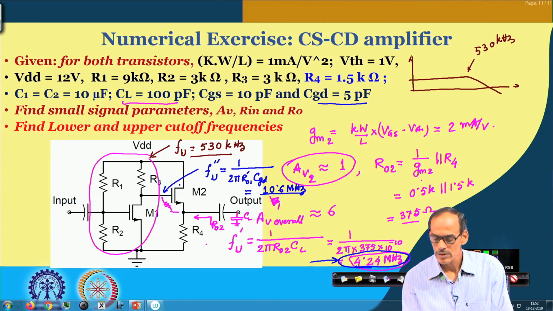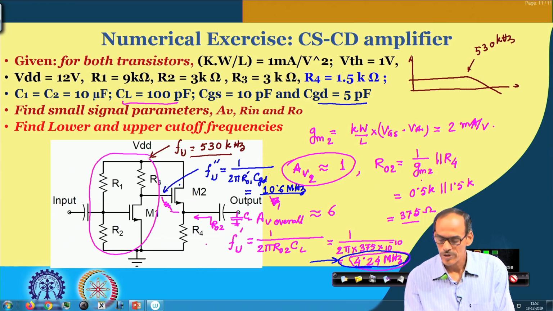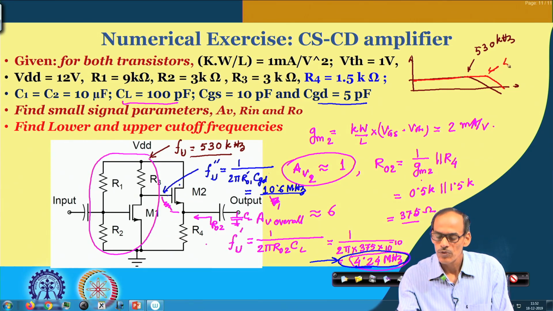Now, by virtue of the common drain stage along with the CS, the gain remains almost the same, and its bandwidth got extended to 4.24 megahertz.